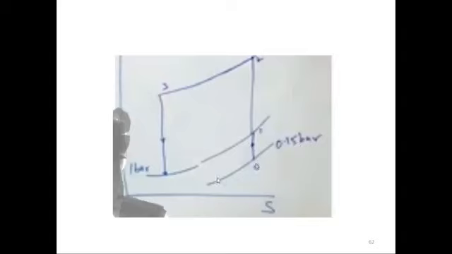We are getting this from ambient condition. This line is showing the ambient at point 0. So at point 0 we are getting 0.15 bar air at low temperature, and when it enters your aircraft engine, it becomes state 1, which is approximately 1 bar.